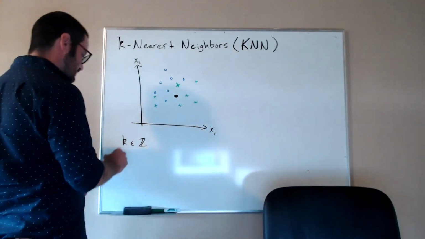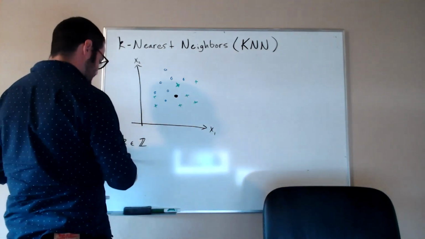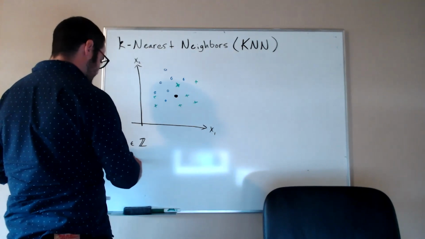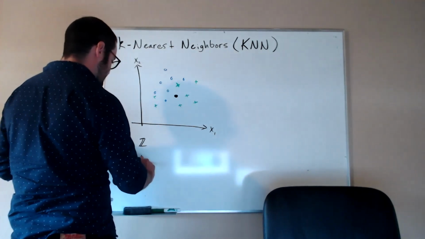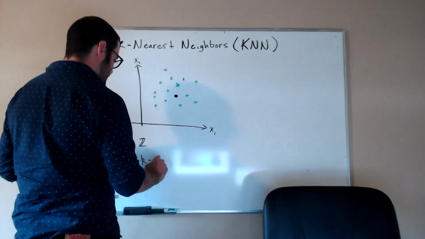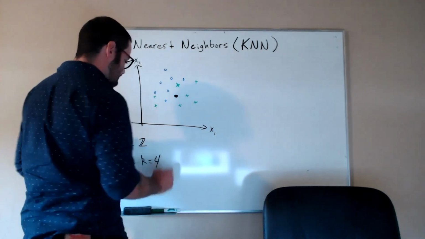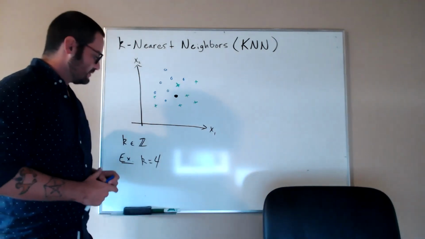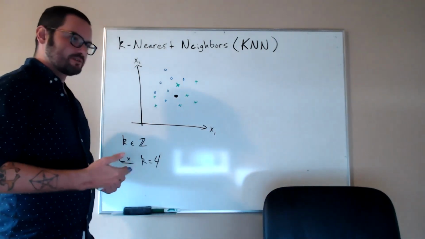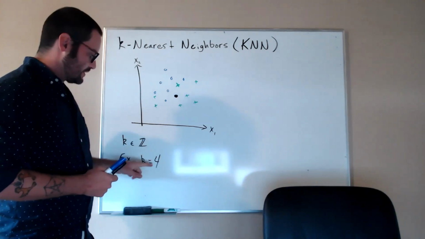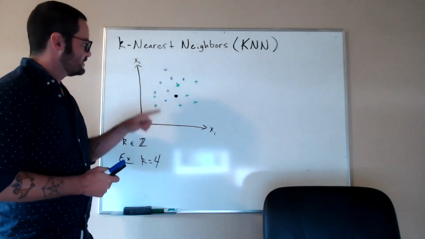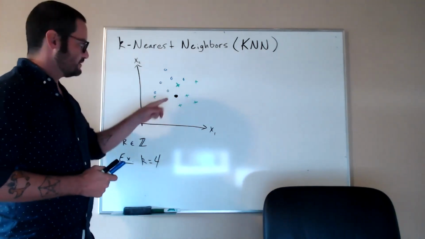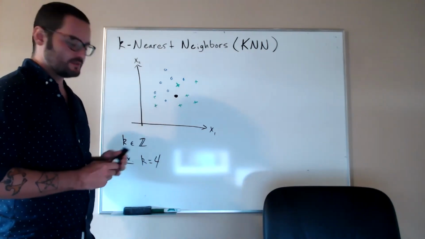So maybe in our first example, we can take k to be, I don't know, 4. So what k-nearest neighbors does is it calculates, using a metric or a distance measure, the k closest points to the point that we're considering.